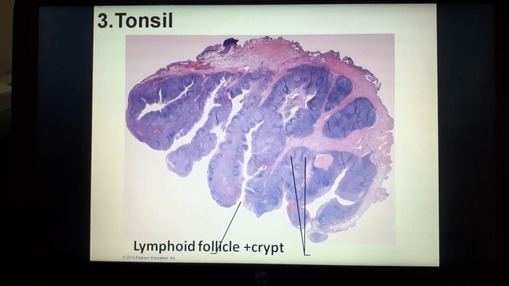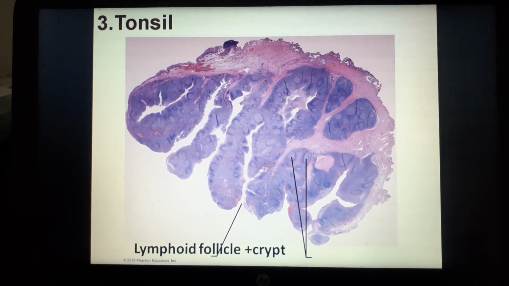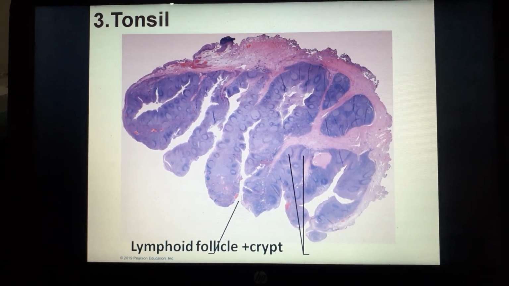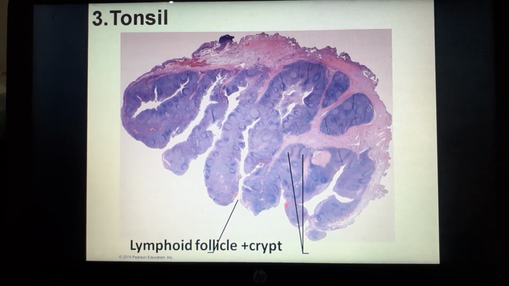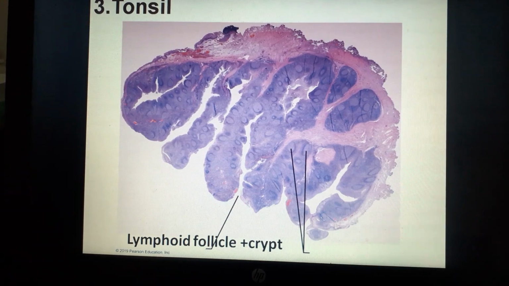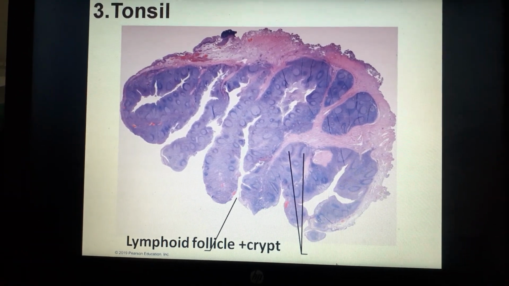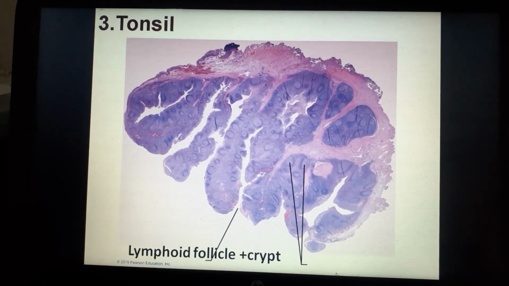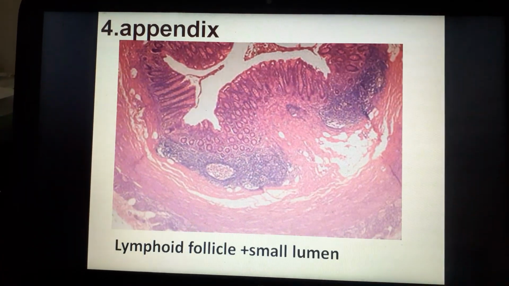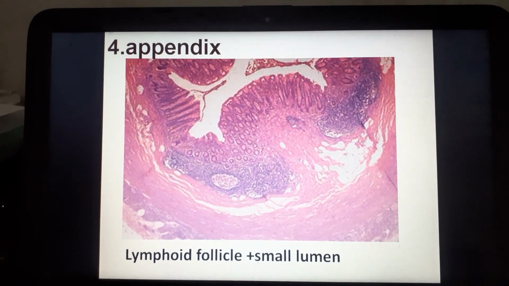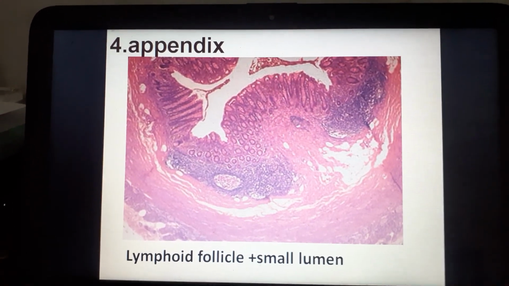Tonsil, that is the lymphoid follicle plus crypts. Here also the first black mark is showing the crypts, and the second black mark is showing the lymphoid follicle, which is arranged by the side of crypts. Then come to appendix, in which the lymphoid follicle plus a small lumen.